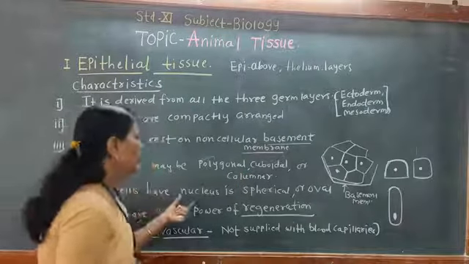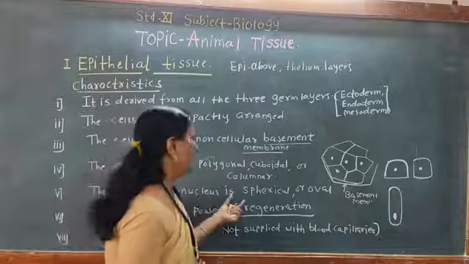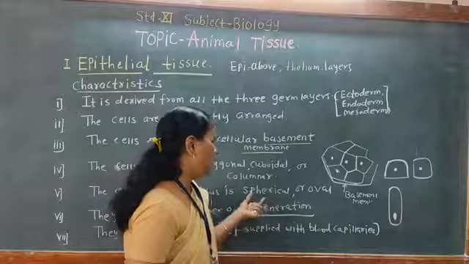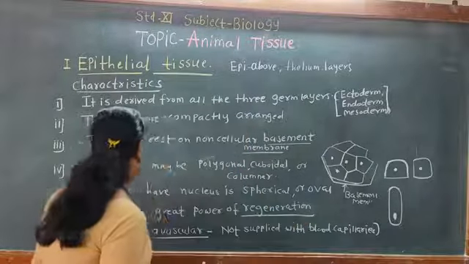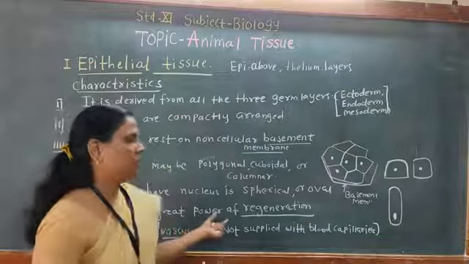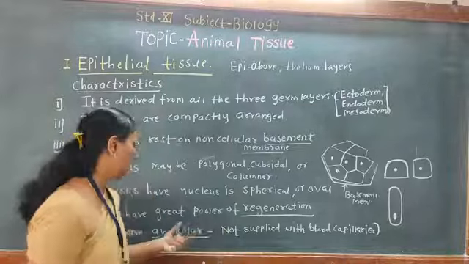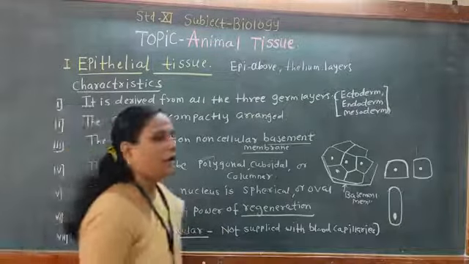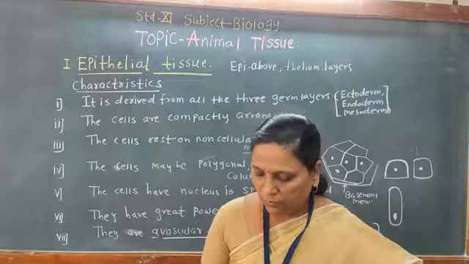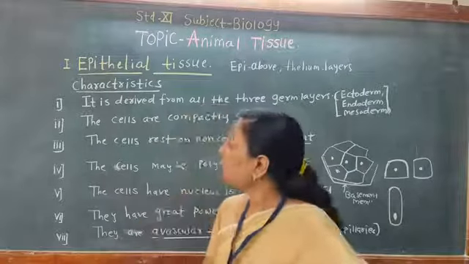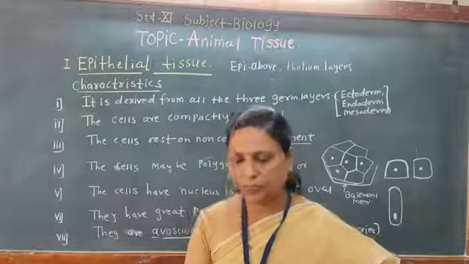They have a nucleus which is present at the center or at the base, spherical or oval in shape. Next, they have great power of regeneration. And lastly, they are not supplied with blood capillaries. Now we will study the classification of this epithelial tissue.